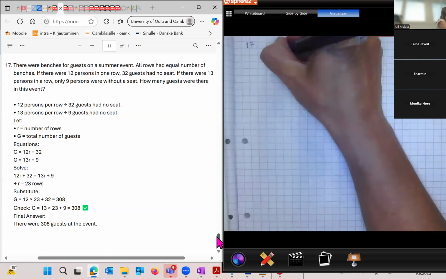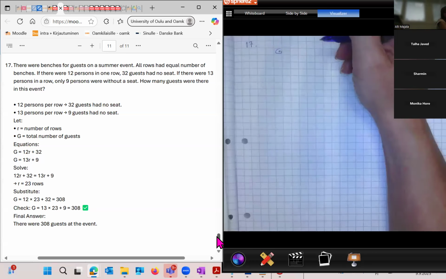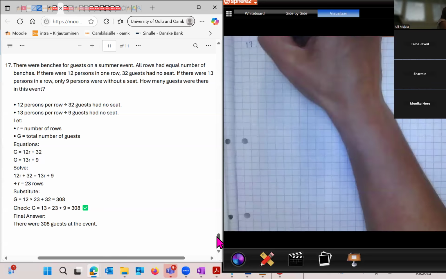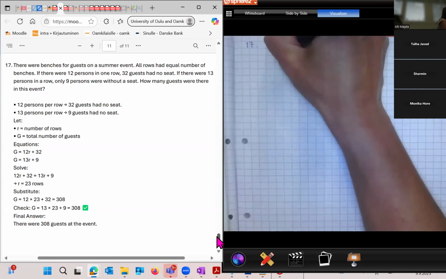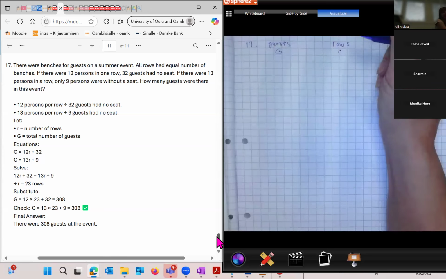And like there, ChatGPT marked it with the big G. That makes sense. Then I didn't know how many rows I also had. Then they had the rows. Of course, you can mark it with R.